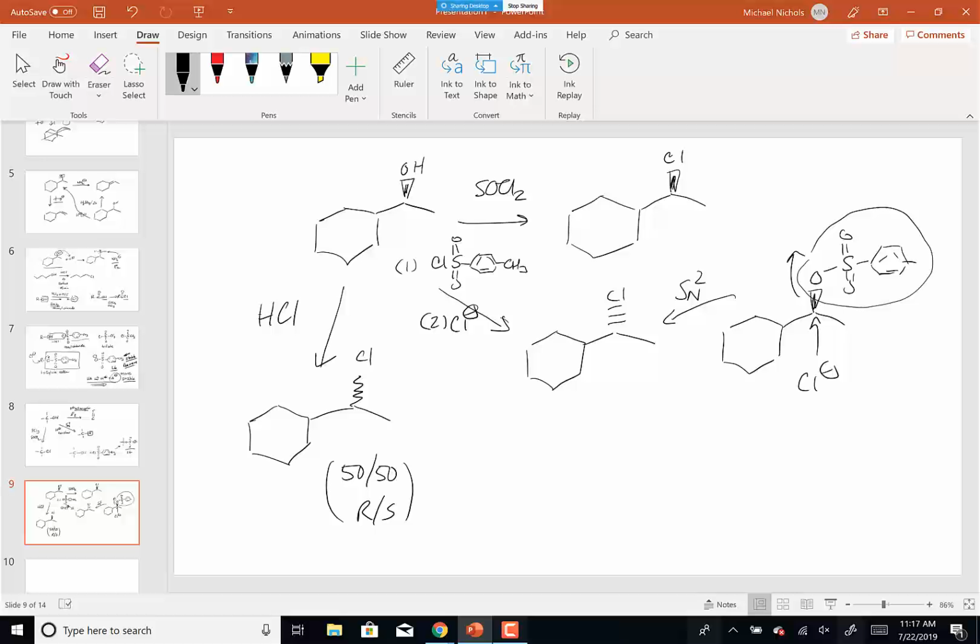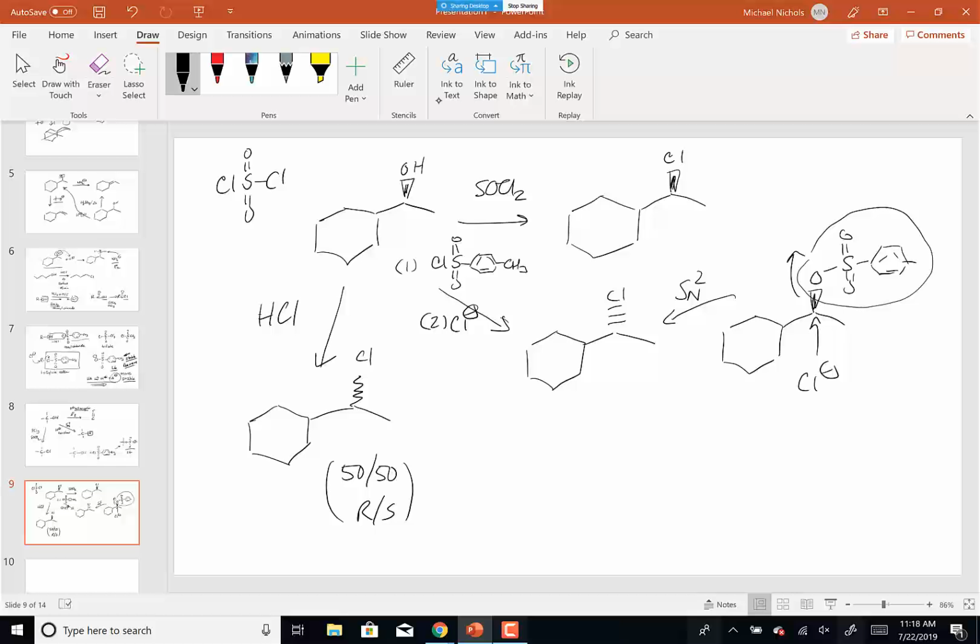There's a whole mechanism where SOCl2 looks like this. So you can imagine in the first step of that mechanism that it's probably going to lose the chlorine and attach the sulfur to the oxygen, and then that group is going to make a good leaving group.